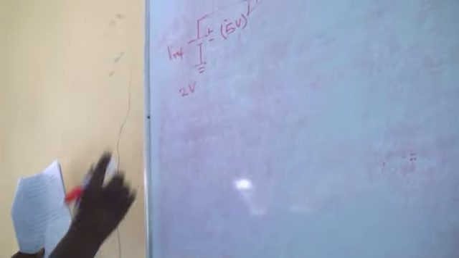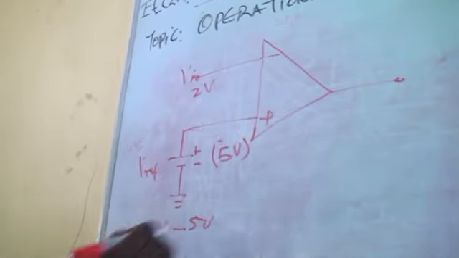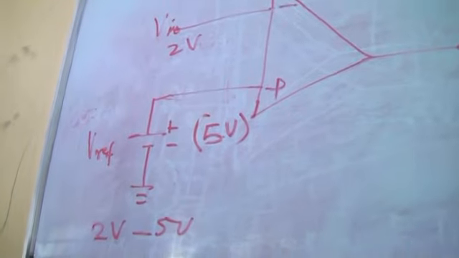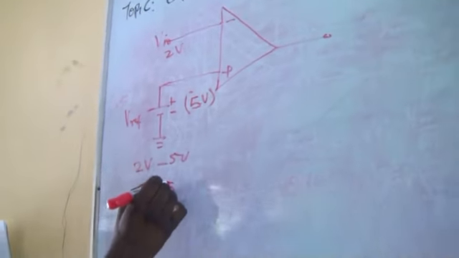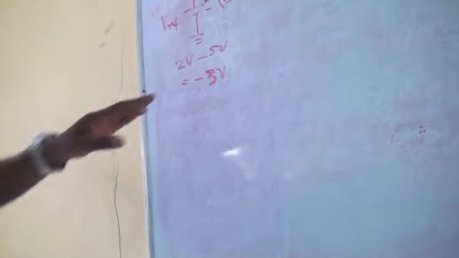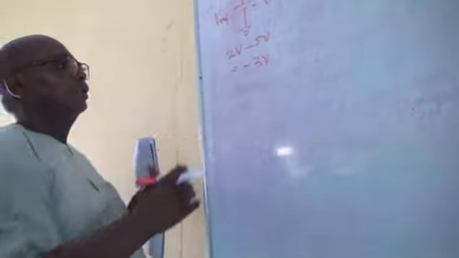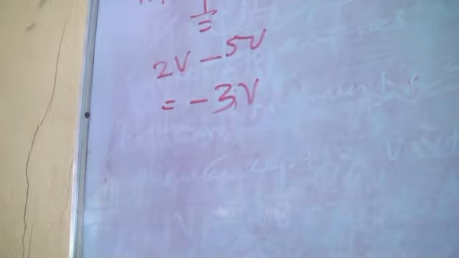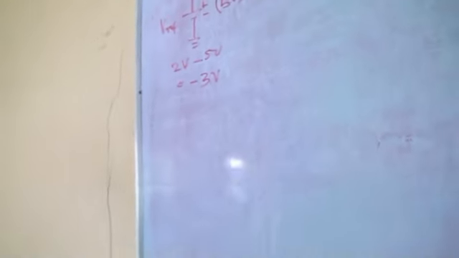It's less. 2 volts minus 5 volts, you are going to have minus 3 volts. And this thing will swing to maximum negative.